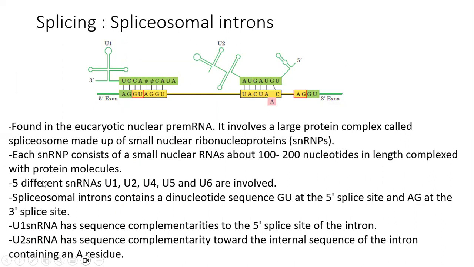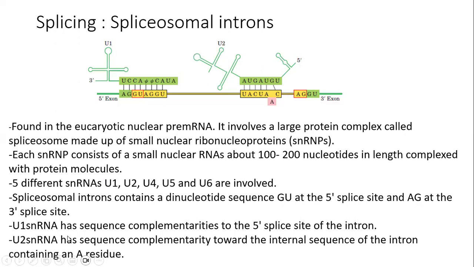Five different snRNAs are involved in the process: U1, U2, U4, U5, and U6. All these snRNAs form complexes with proteins to form the snRNPs. Two of the RNAs are involved in formation of a bond.